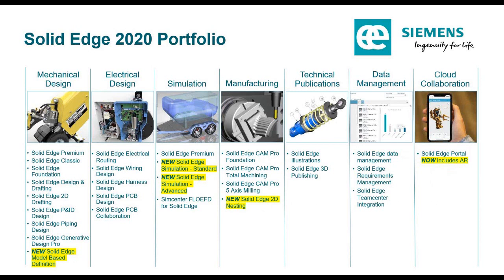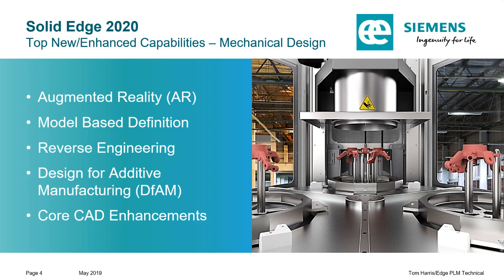To go into a little bit more detail on some of these, the mechanical design includes augmented reality, which basically allows you to take a smart device and walk around and show people the virtual model of what you've designed in the physical world. You can walk around it, you can position it, you can check it out. It's quite powerful and advanced.